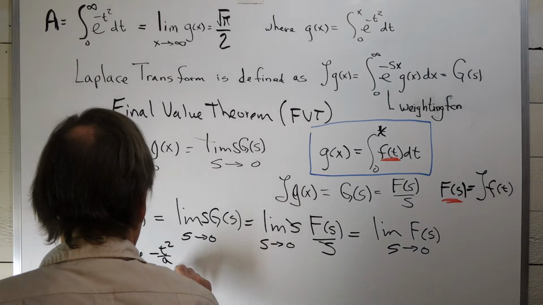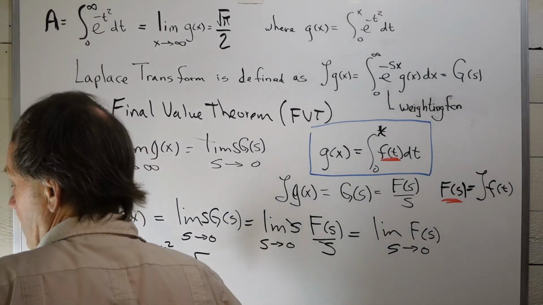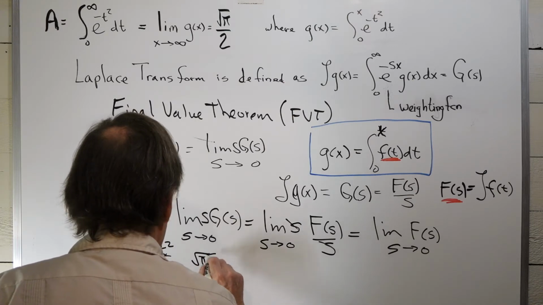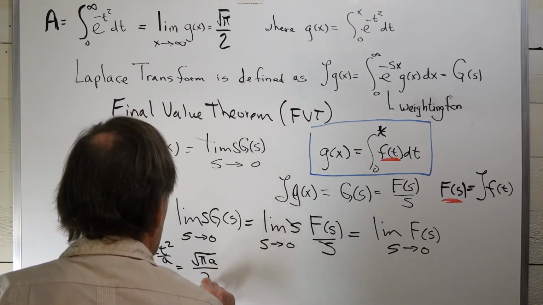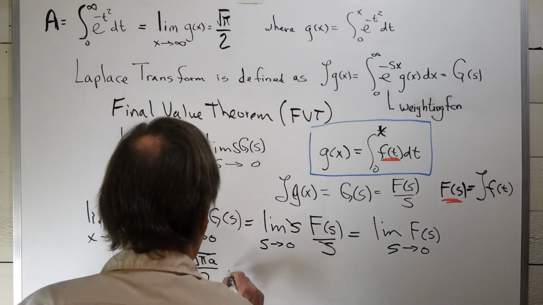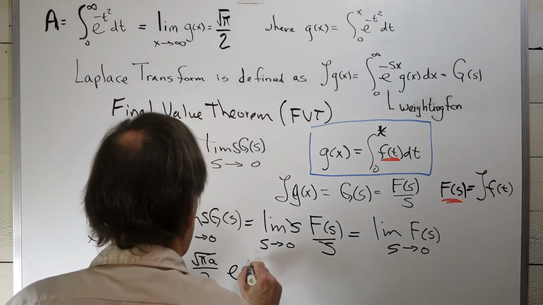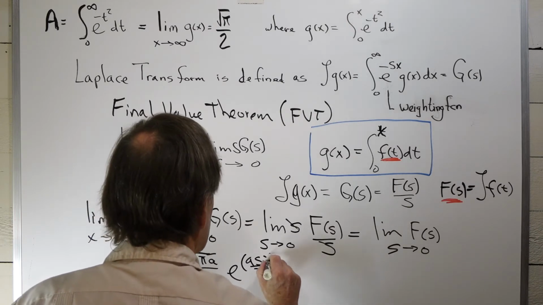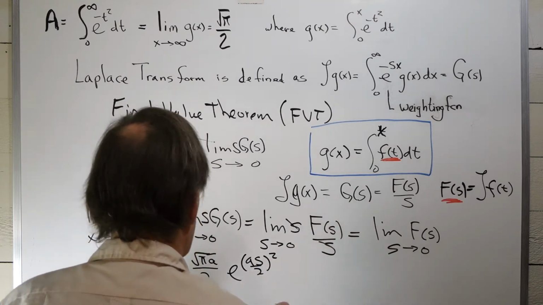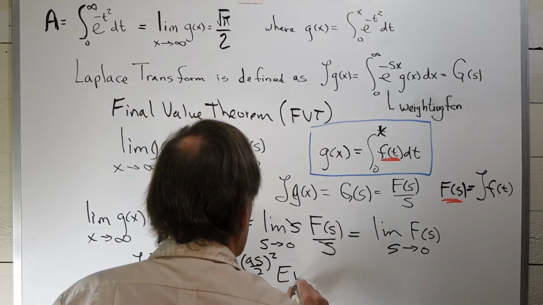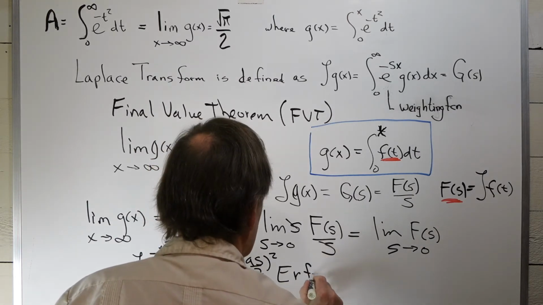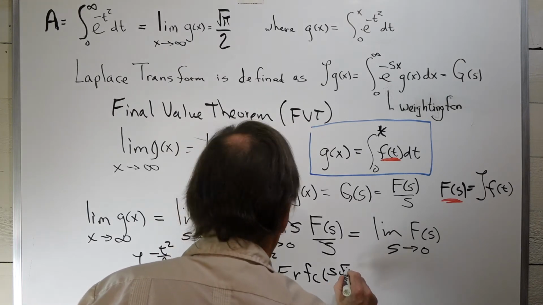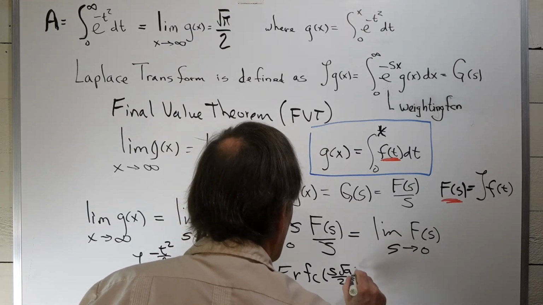And this is given as the square root of pi times a over 2, e to the as over 2 quantity squared, times the complementary error function of s square root of a over 2.